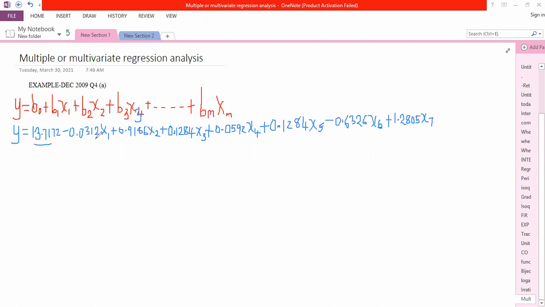We are also asked to find the meaning of the estimates of x1 and x2. These coefficients, minus 0.0312 and plus 0.9186, what is their meaning in our analysis?